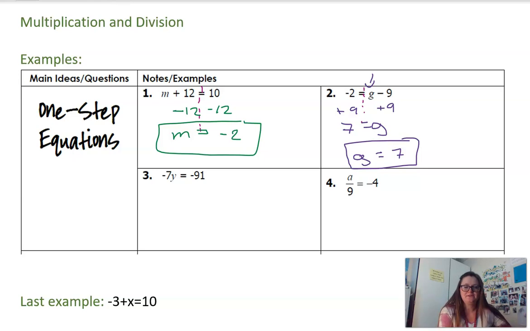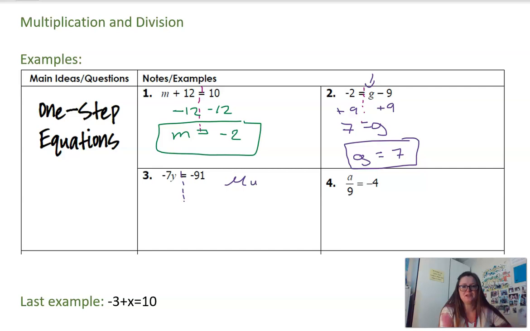Okay, now we come down here. Again, I like to draw these dotted lines on the equal sign just to help me remember that if I do it on one side, I have to do it on the other. But now we have to think, okay, what does it mean when I have 7y? Well, 7y is 7 times y. Remember, if the number and the letter are right next to each other, then they're being multiplied.